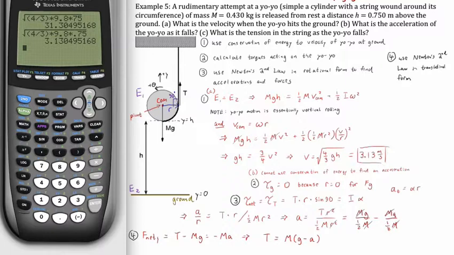So algebraically, this right here is going to be negative 2a, which I can add to both sides, so positive 2a there.